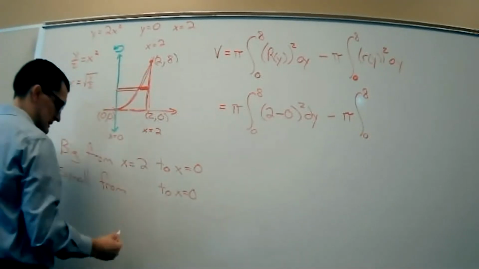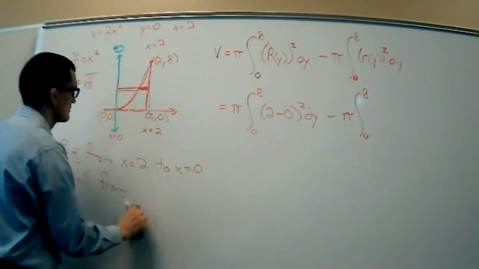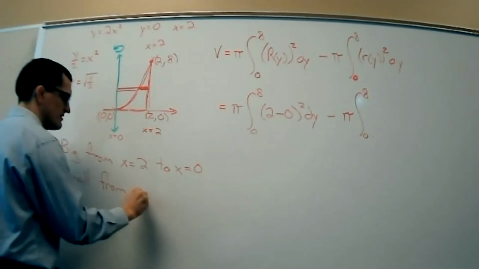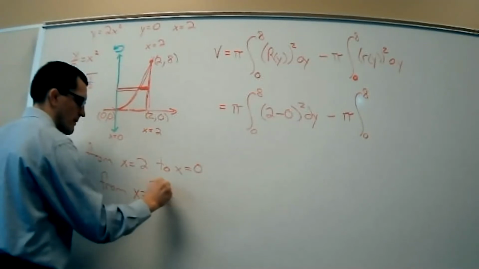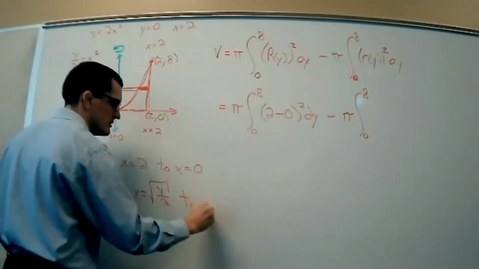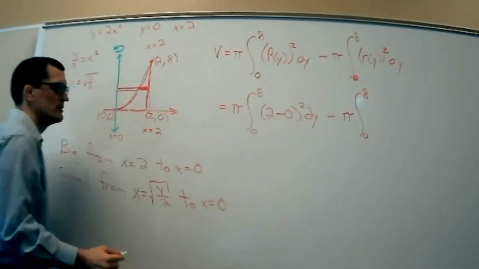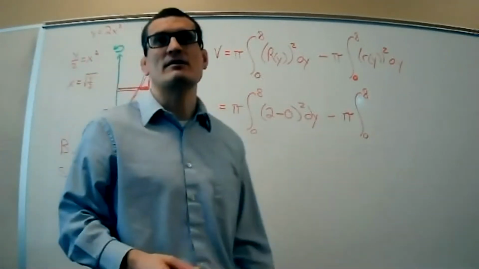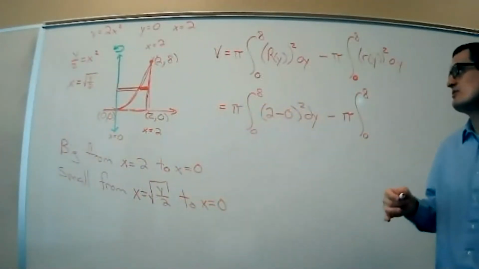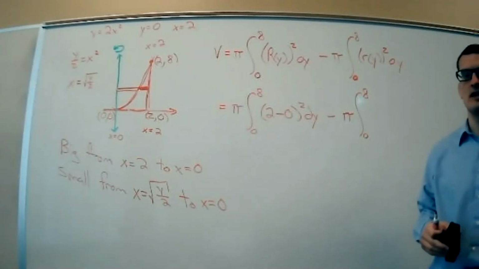So it's from x equals positive square root of y over 2 down to x equals 0. Again, this is one of the more difficult ones because we have to integrate with respect to y. We have to do all that kind of stuff.